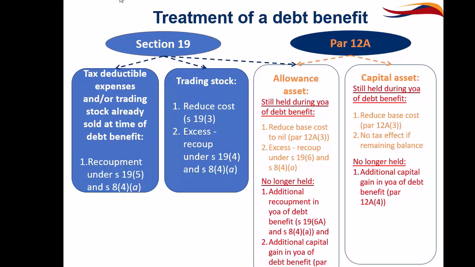And therefore, we are expected to apply Section 19. And we could also see that there is 150,000 worth of stock that is still on hand. And for that part, we are comfortable that we need to reduce the cost of that trading stock that is still on hand in terms of Section 19.3. Okay.